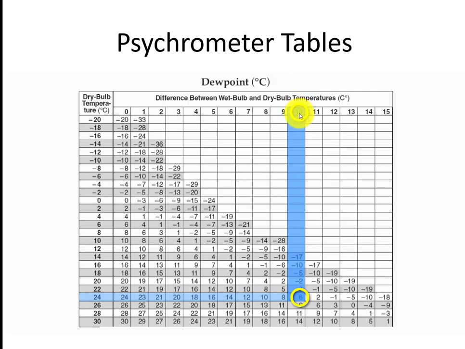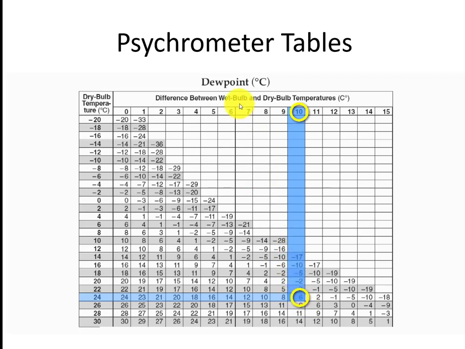You come down until you cross-reference the 24 degrees dry bulb temperature, and the way that you find the dew point would be where the column and row intersect, and it would be 6.